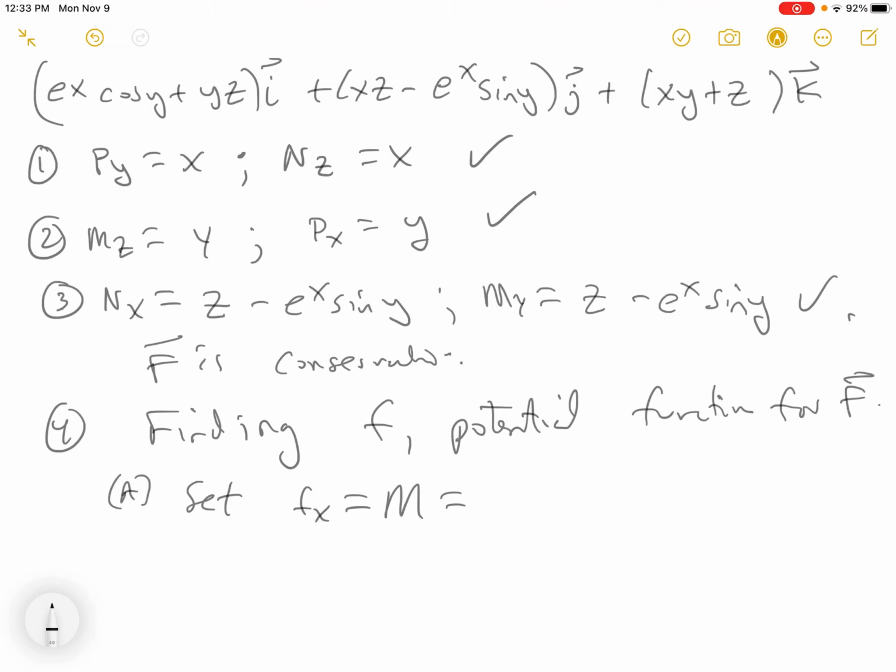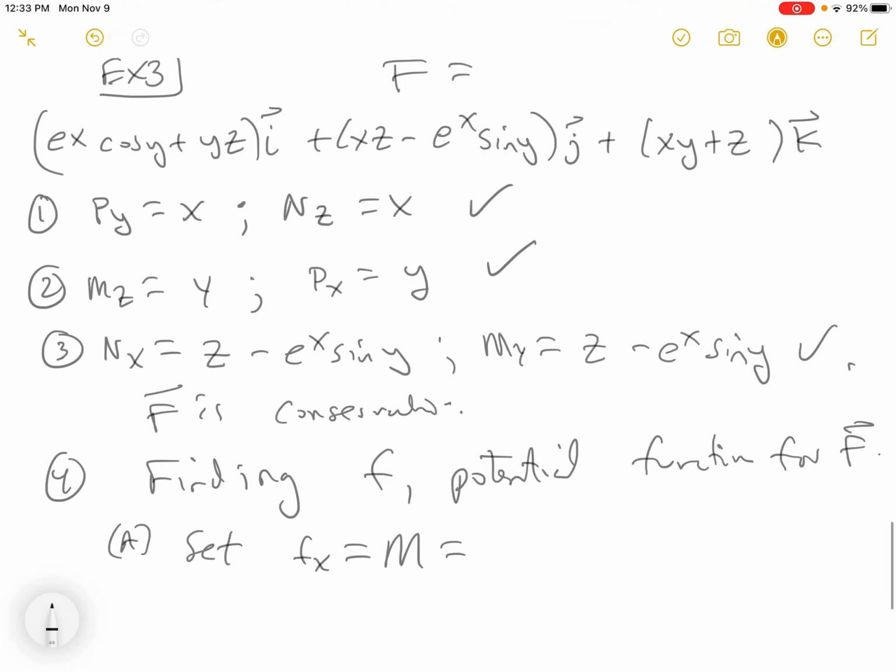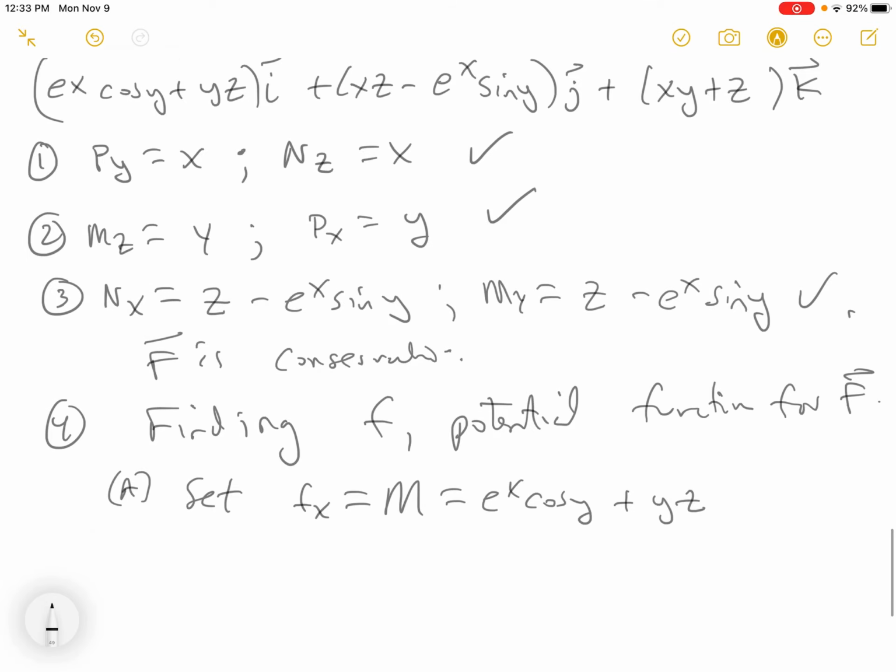Now M is, what's M? It's e to the x cosine y plus yz, right? So we set f of x equal to M, which is e to the x cosine y plus yz. So we want f. So we're going to integrate both sides of this equation with respect to x.